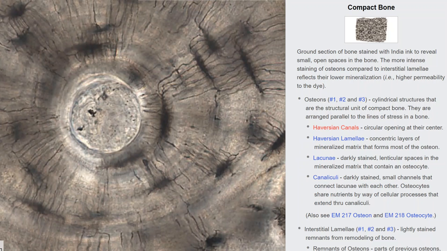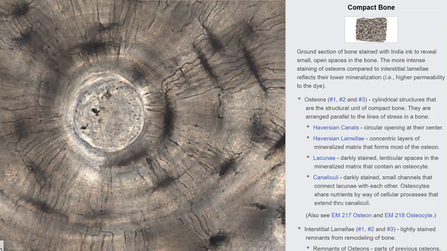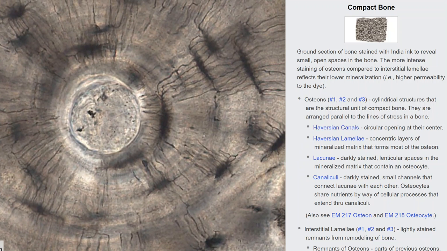When we click on a Haversian canal, they're taking us to this opening right here, where blood vessels are going to live in the middle of an osteon structure. You can think of this osteon structure as kind of the rings of a tree. These are lamellae. And you'd have a whole bunch of these grouped together to form the strength of the long bone. So that's a Haversian canal.